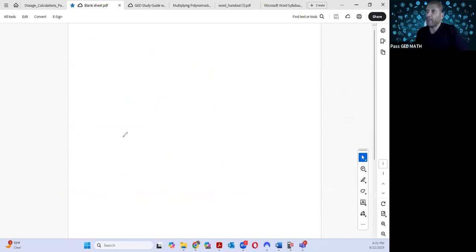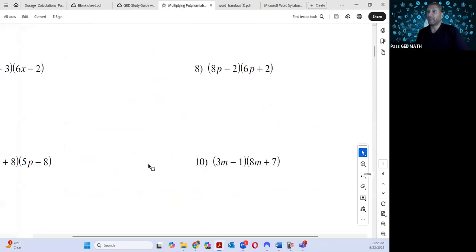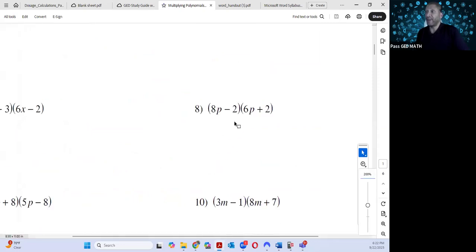So again, that's multiplying polynomials. Hold on, Mr. Tinsley, you said multiplying binomials. They just use the word polynomials to mean many. So that means you're going to have more than 3 terms when you're done. That's all it means. Got me? So for example, number 8 is multiplying 2 binomials.